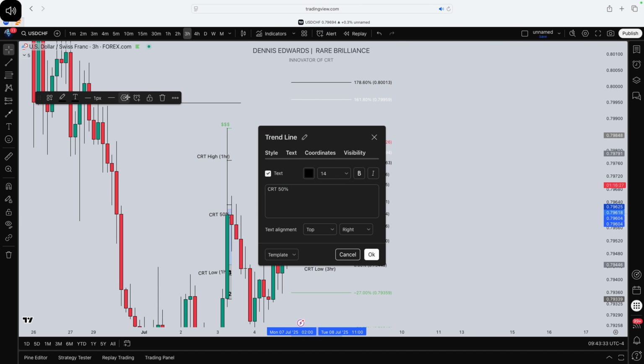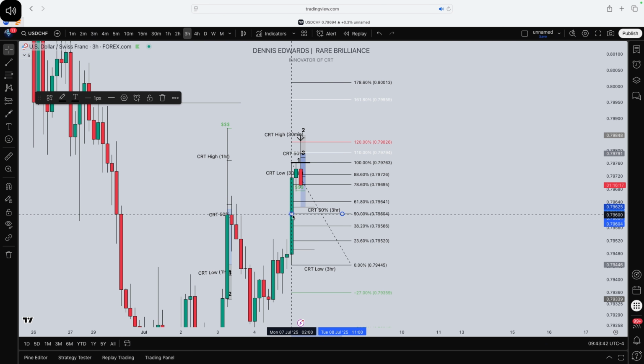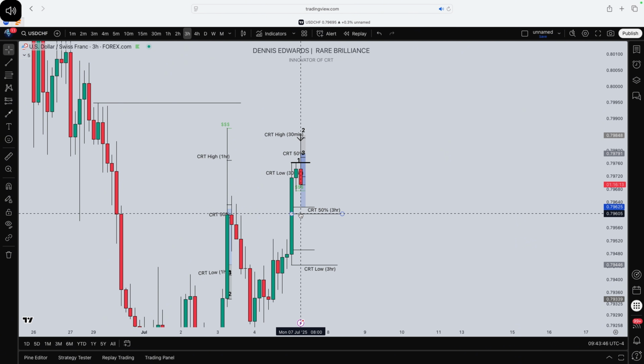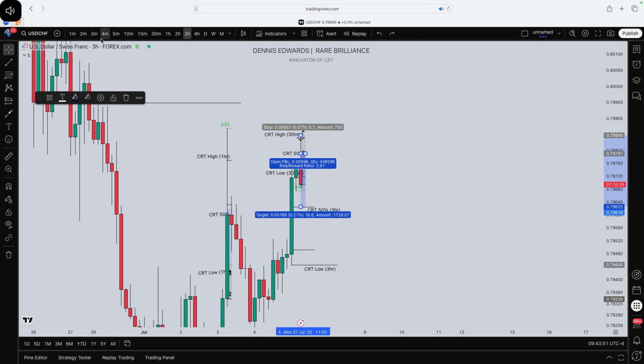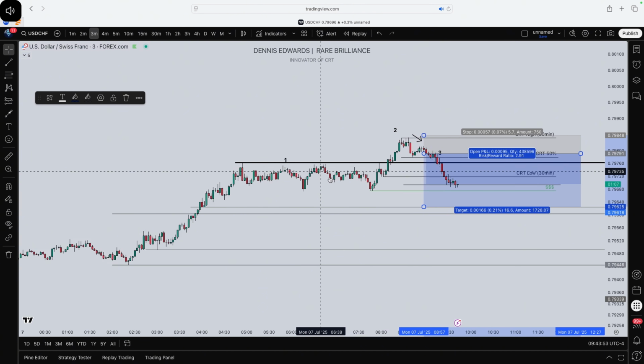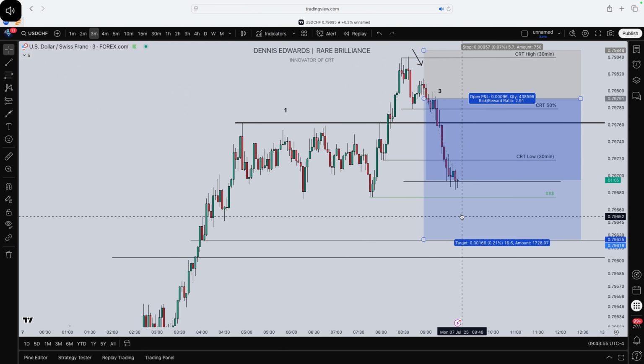I'm gonna let this be known that this is from the 3 hour. So I see that this was from the 3 hour. So that could potentially be another exit area that might allow me to get a little bit more out of the market. But let's just continue watching closer. So we did just have a good close.